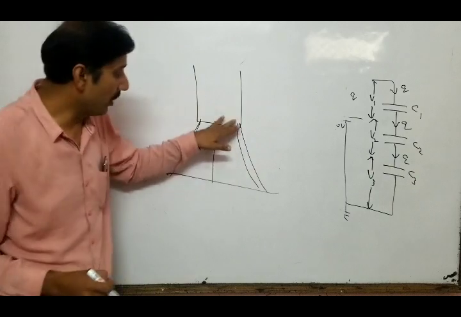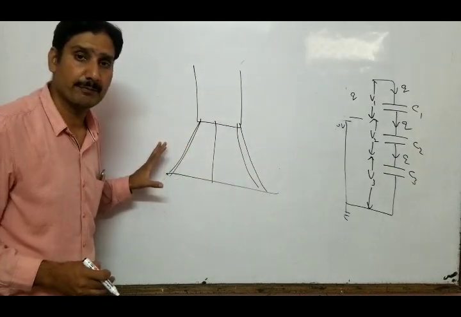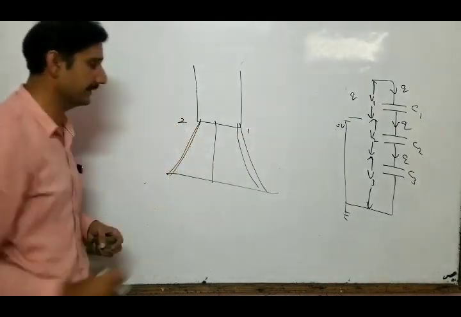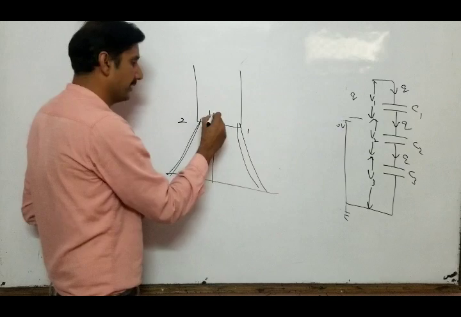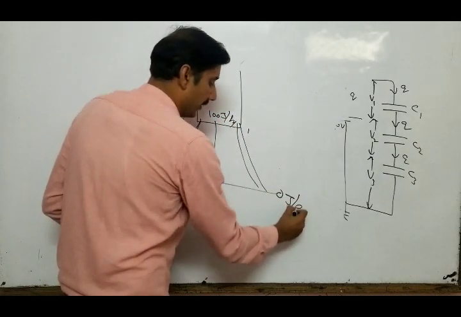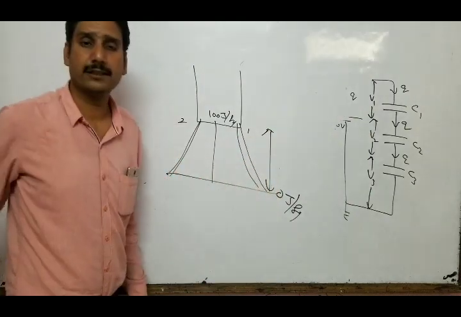What will happen? The amount of water flowing through the first pipe would be different from the amount of water flowing through the second pipe. Let's say this is 1, this is 2. But if potential was 100 joule per kilogram in this water tank and it is 0 joule per kilogram at the ground level, what is the potential drop across the first pipe?